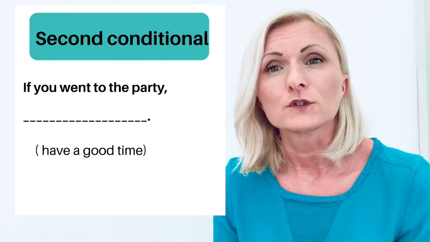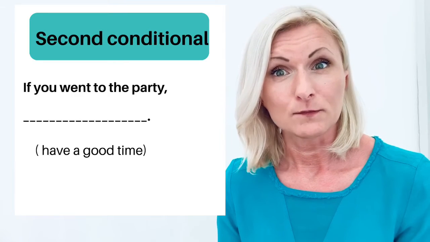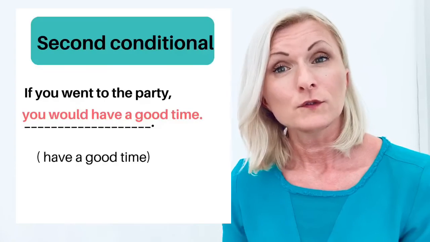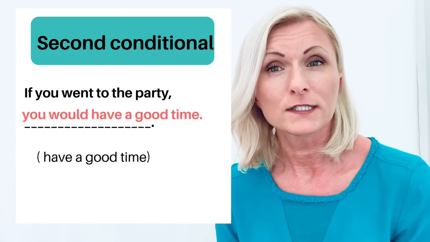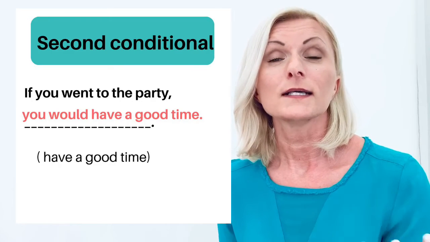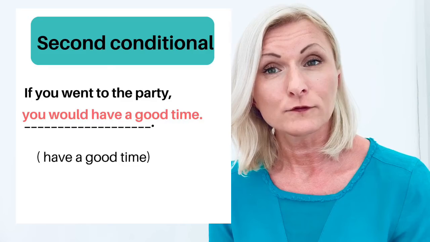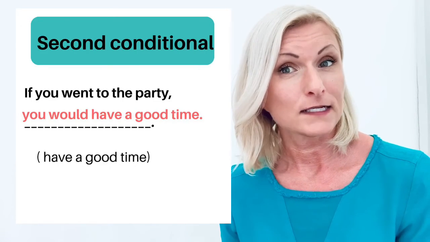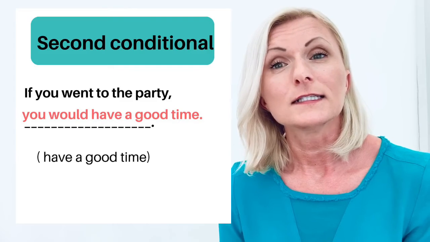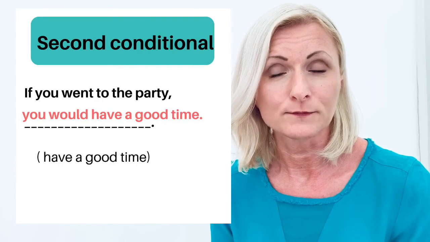Maybe because you have too much work to do, maybe because you're too busy, but this is my belief about this situation. So if you have said, if you went to the party, you would have a good time, well done. So here we're using the past simple in the if clause and would in the result clause. This is the second conditional to show that this situation is just an imaginary, unlikely situation.